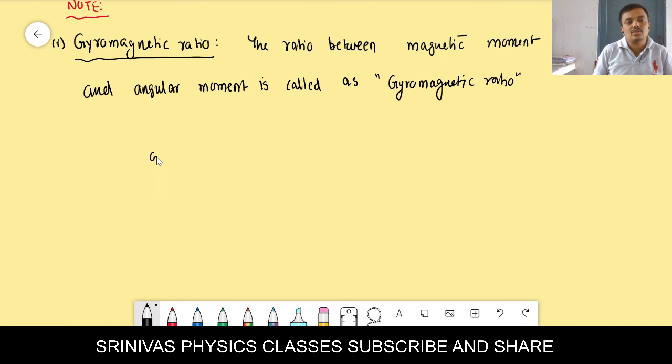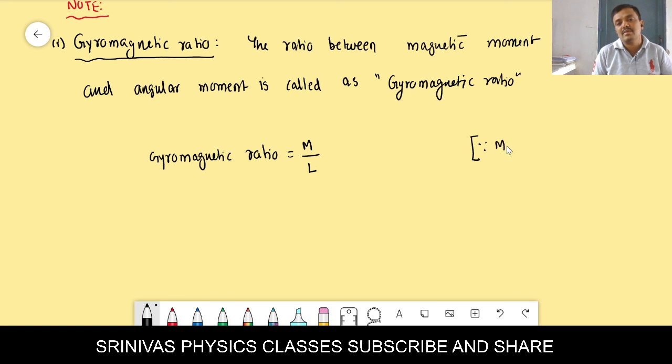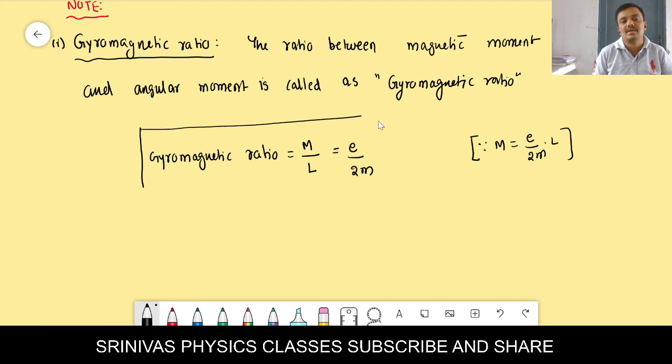The formula is magnetic moment by angular momentum. But we know the formula for the magnetic moment, that is e by 2m into L. Then m by L is e by 2m, where e is the electron charge and m is the mass of electron.